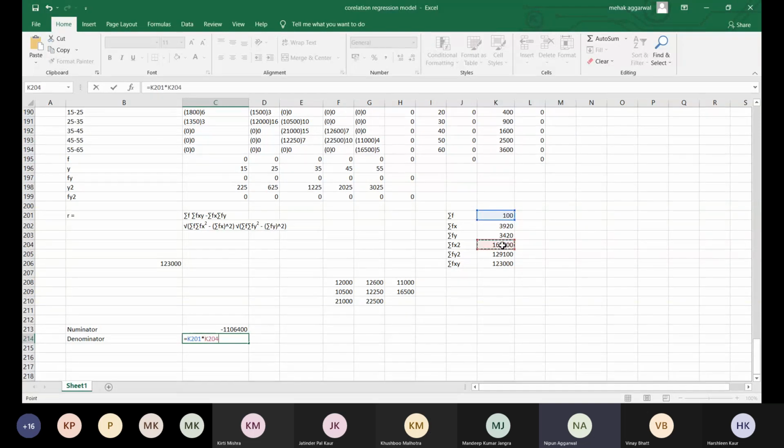So this is the value of summation fx square minus summation fx whole square. So summation fx is this one, squared, and the whole thing under the root.